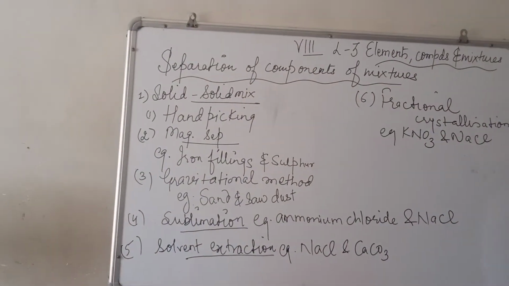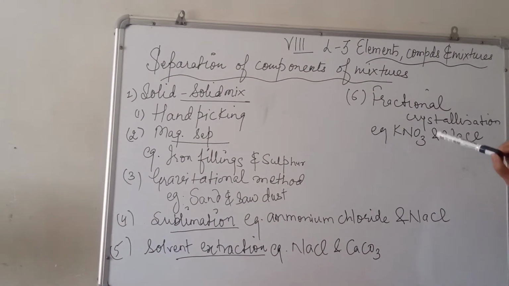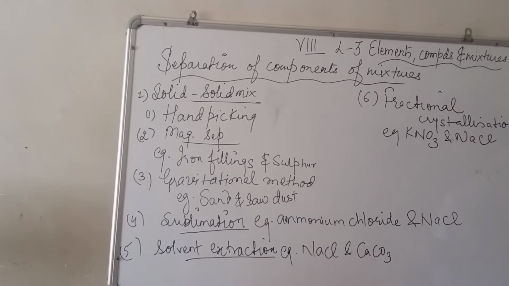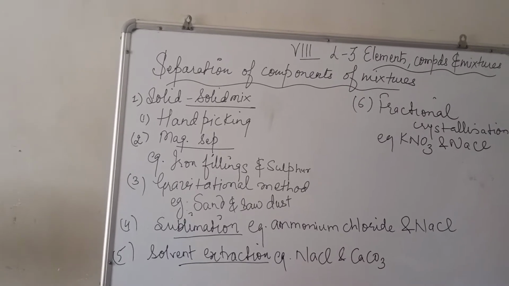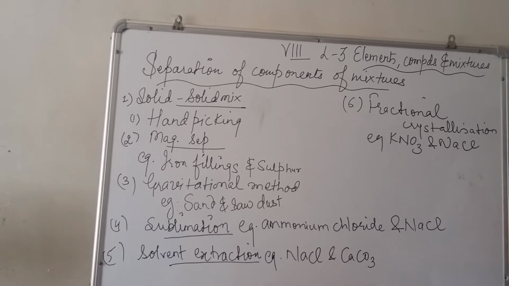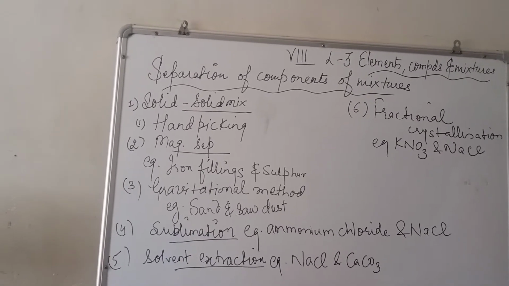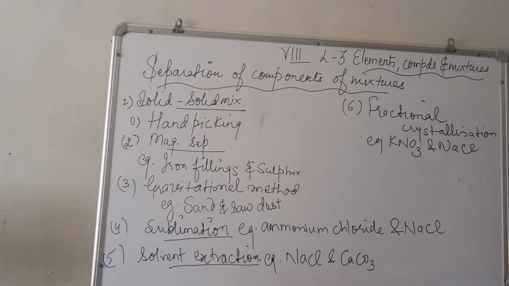Now the last one is fractional crystallization. This process is based on the fact that one of the components gets dissolved in water easily and the other component takes time to dissolve in water.